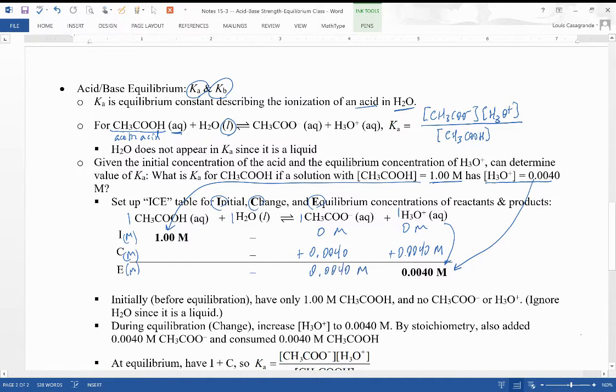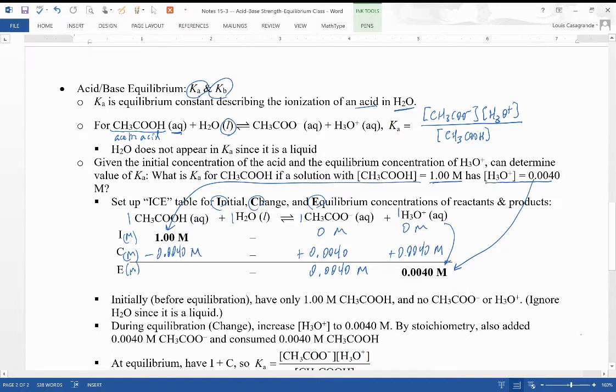0.0040 molar H3O+. Meanwhile, in order to form those concentrations, each one of those acetates and H3O+'s came from a single acetic acid, and so we're going to use up 0.0040 molar.